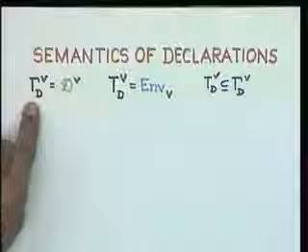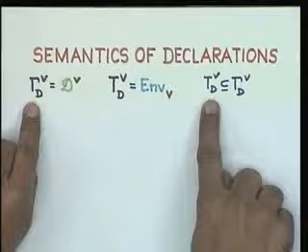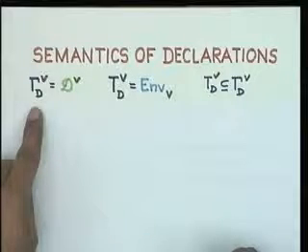Instead, I could have specified this Γ_D such that it satisfies this condition by including a whole lot of conditions which exactly specify the set of syntactic declarations and the mixtures of syntactic declarations and environments that are allowable in Γ_D.